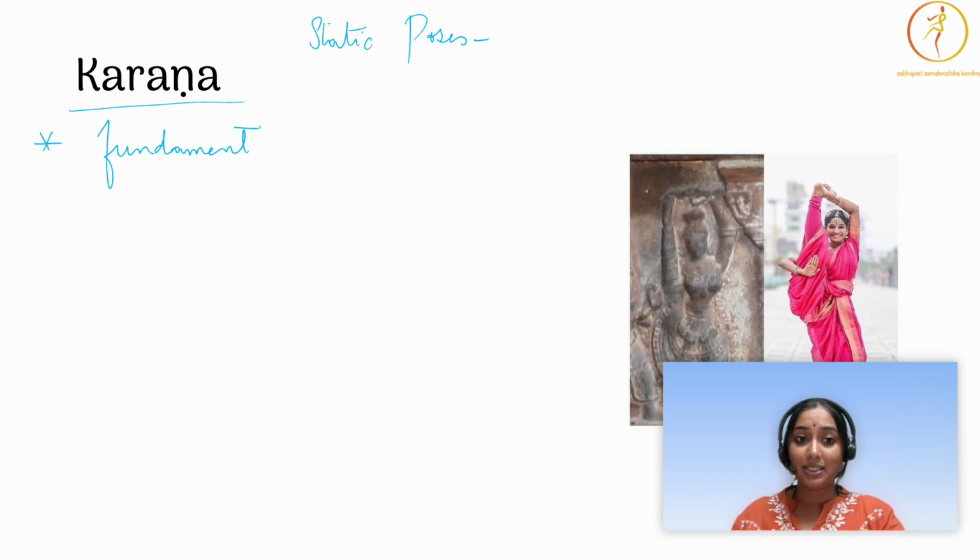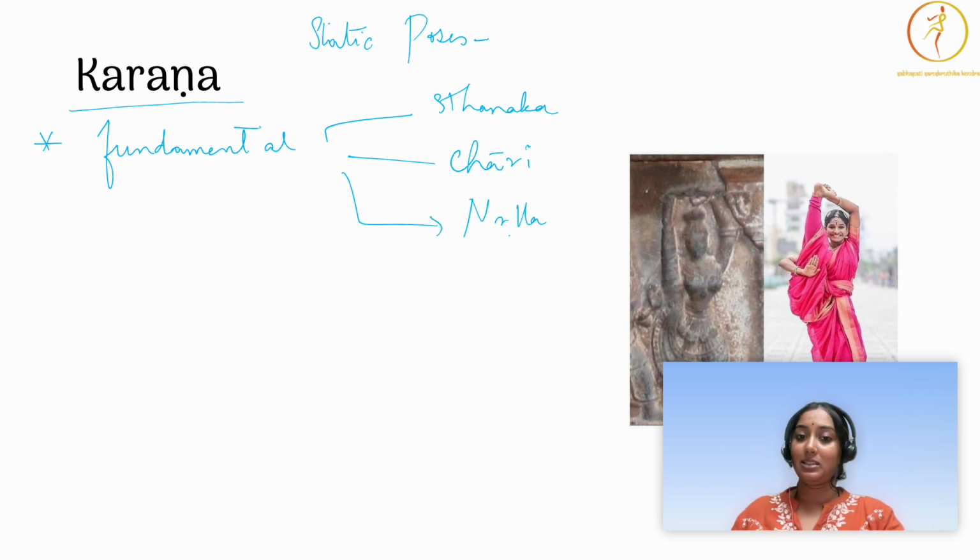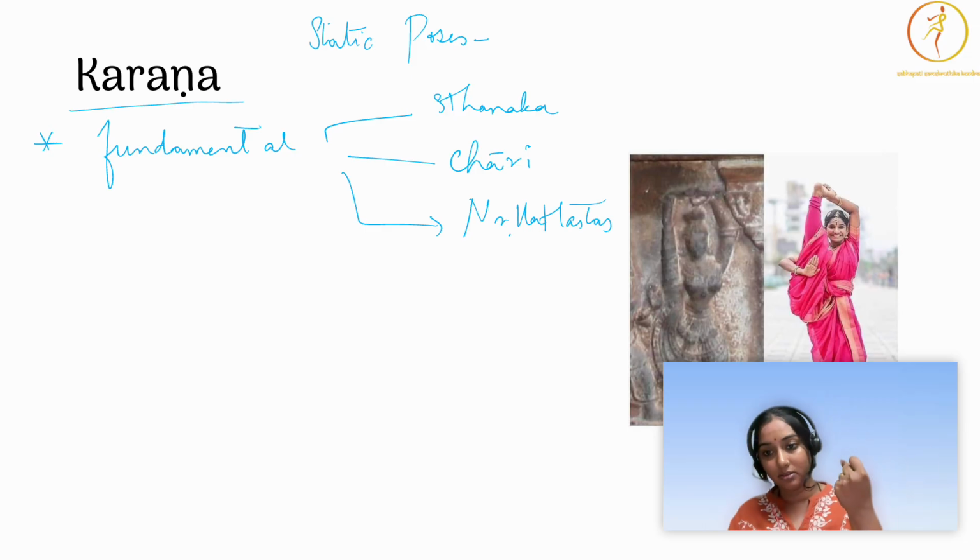Okay. So what does Karana contain? It starts from a certain sthanaka, and it has footwork, leg movements called charis, and dynamic hand movements called nrittahastas. Now why do I specifically say dynamic nrittahastas?